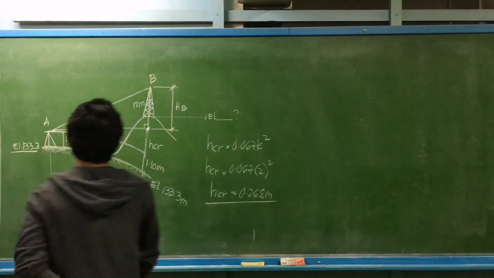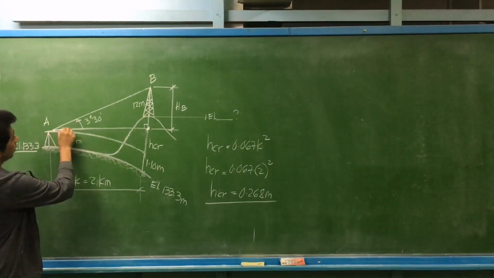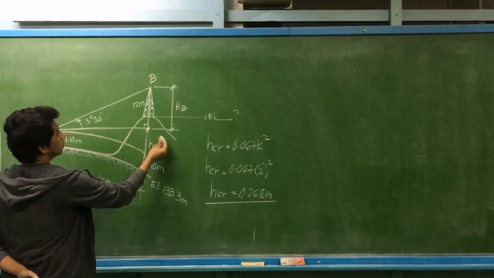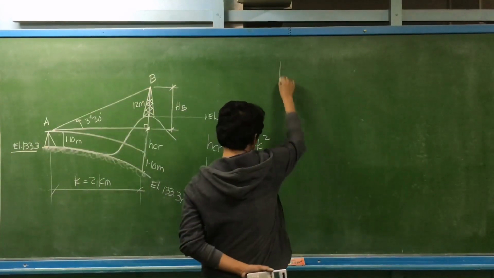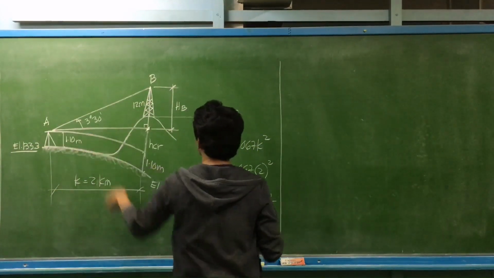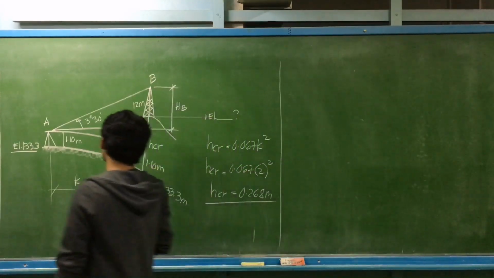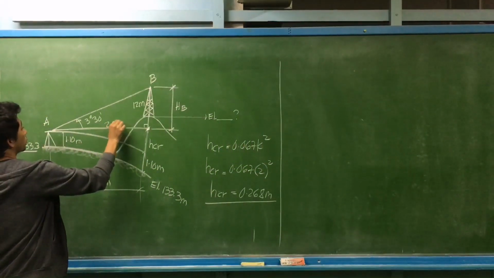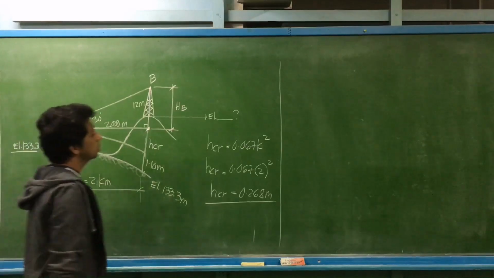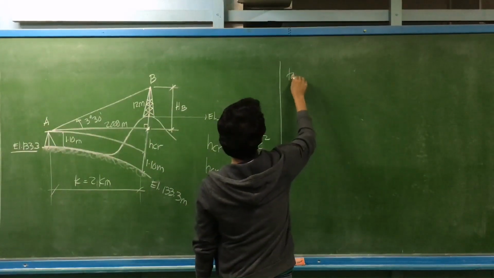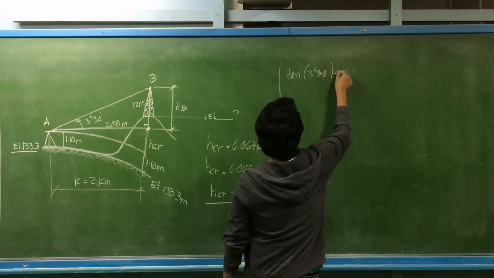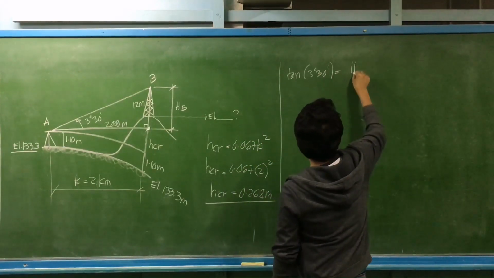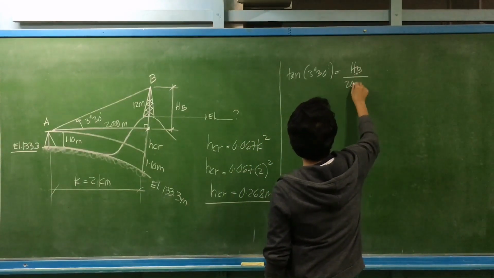Ayan, paano natin kukunin yung height mula dun sa line of sight papunta dun sa top of the tower. So we can consider yung angle na to, we can use tangent. So this is again 2,000 meters. So we have the tangent of 3 degrees 30 minutes is equal to opposite h sub B divided by 2,000.